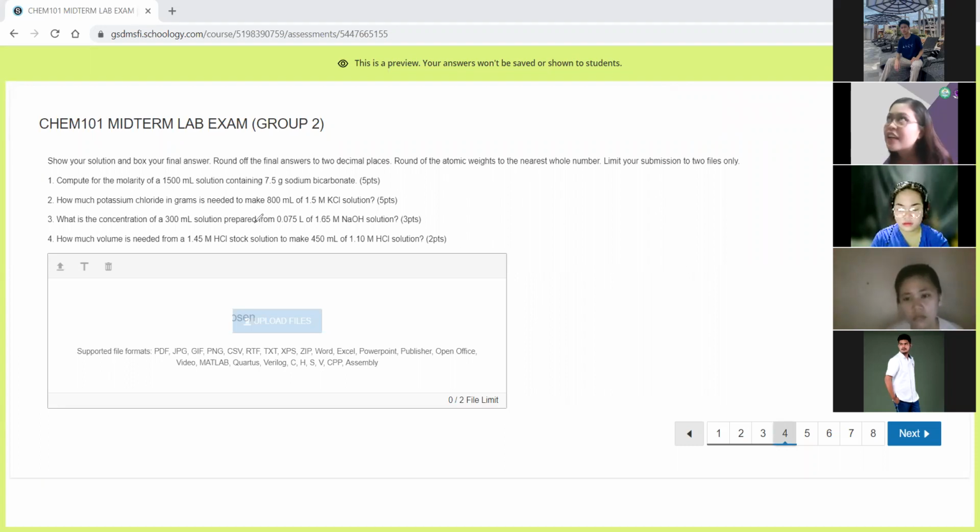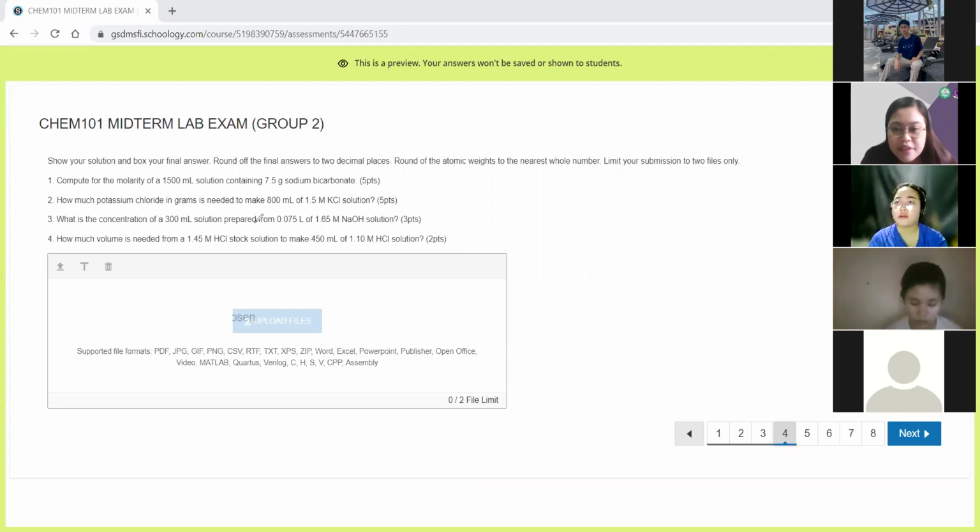Ma'am, 1.65 times 0.75 then divided by 0.3. 1.65 times 0.075 divided by 0.3. The answer is 0.41. Check your computation to see why it reached 4 point something. It should be 0.41.